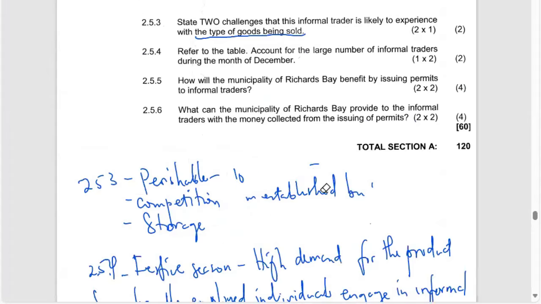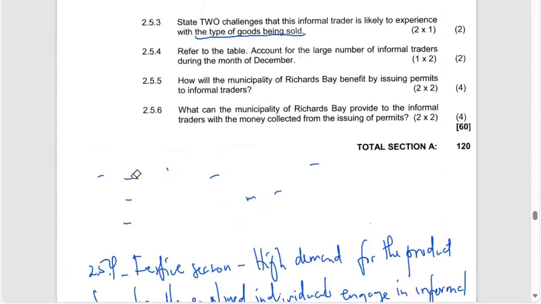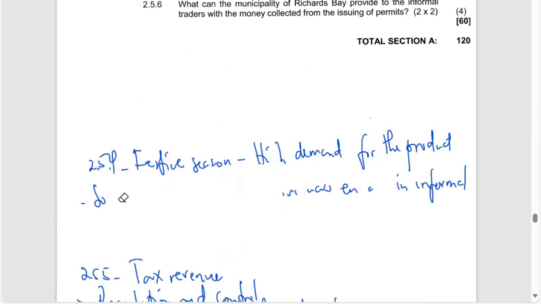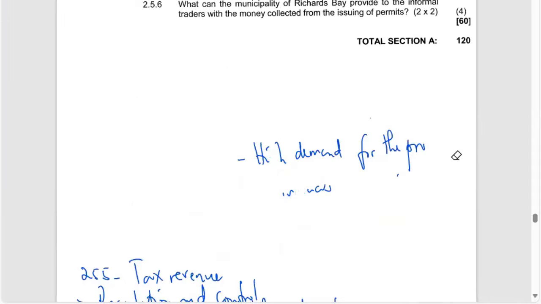There is a valid reason for them to issue the permits to the informal traders, but that money must be used in a sustainable way to benefit the provision of some requirements for the registered people who are now shifting from being informal and are joining the formal sector because they've been issued with the permits. What can they provide? That is question 2.5.6.